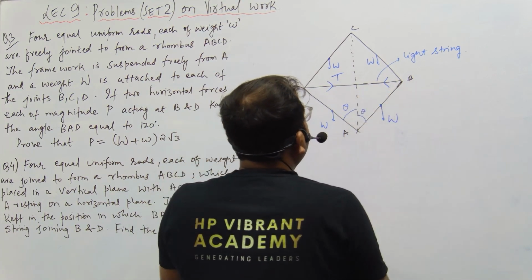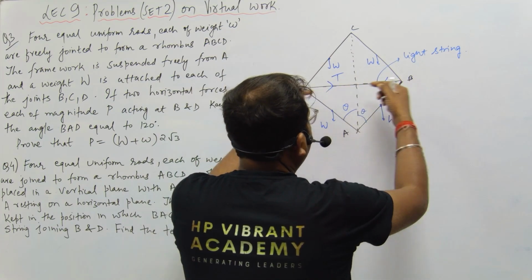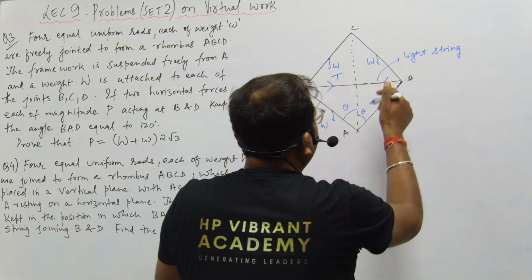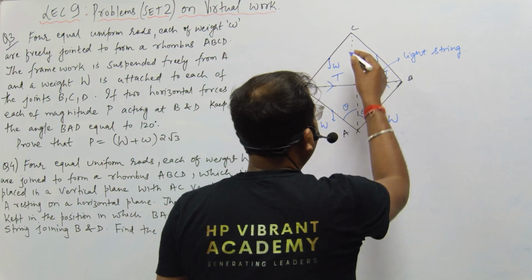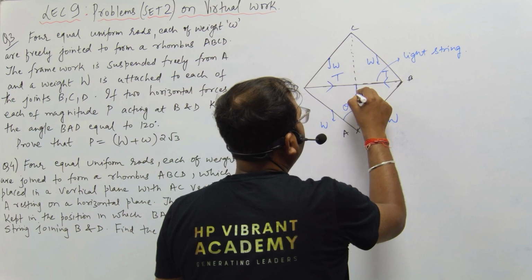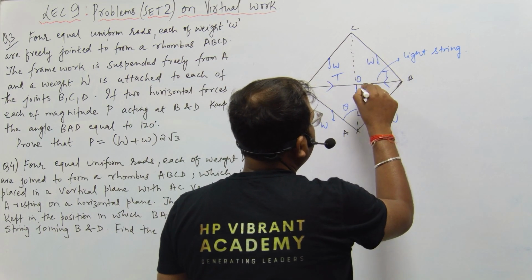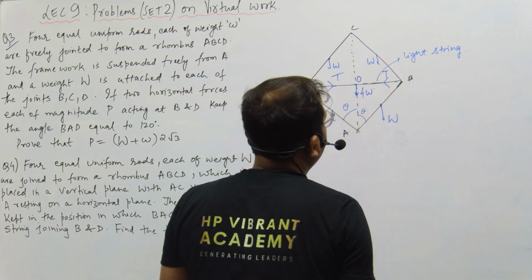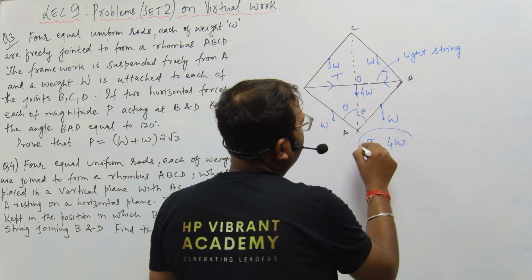So we have tied a string to B and D, and the tension will act in inward direction. The combined weight of the rods will act at the point where the diagonals meet. This is for capital W. So we have the forces tension T and 4W.